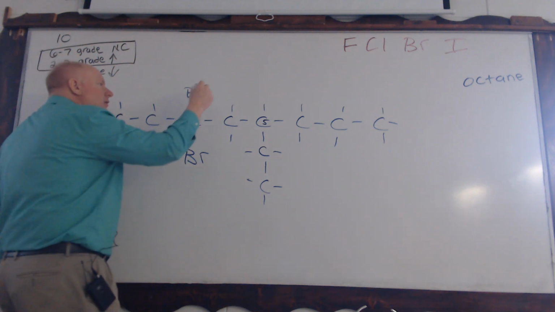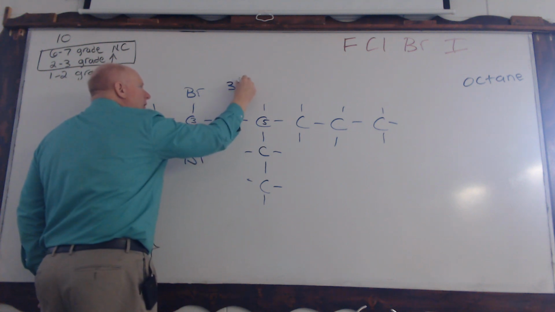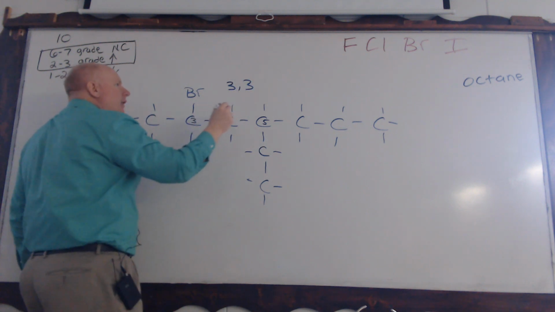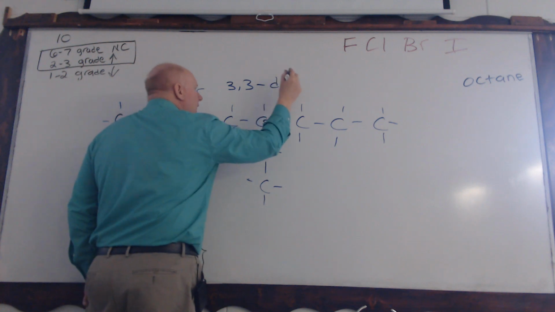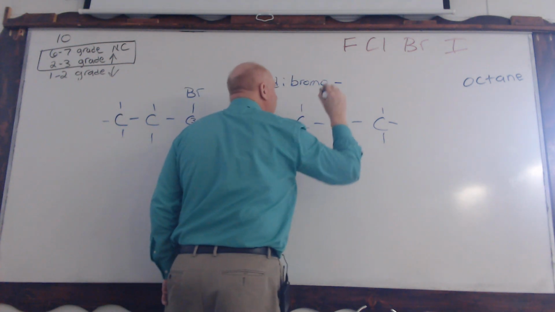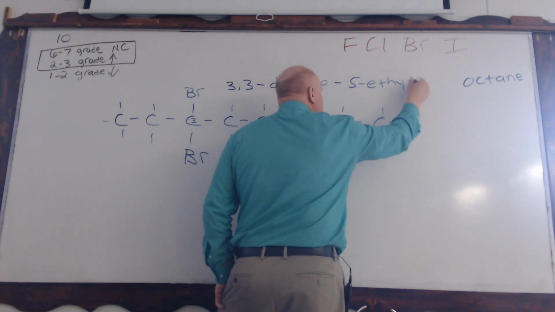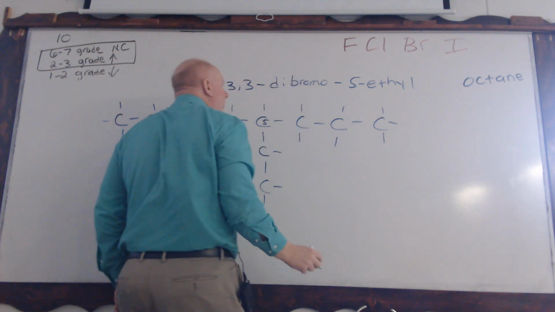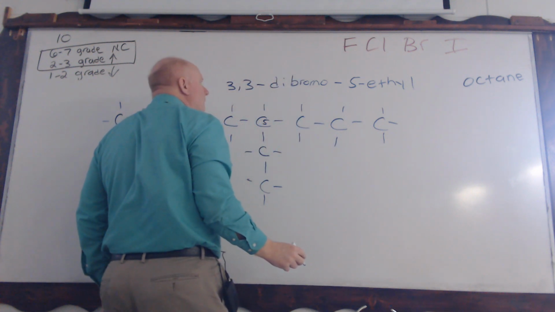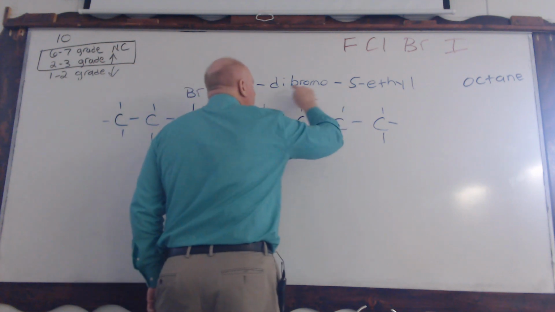Okay. So you do have to count for both of them. 3, comma 3. Okay. Then dibromo dash 5-ethyl. But that would be correct. Okay.